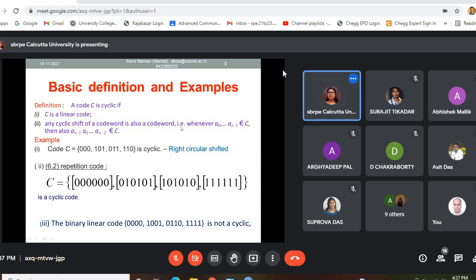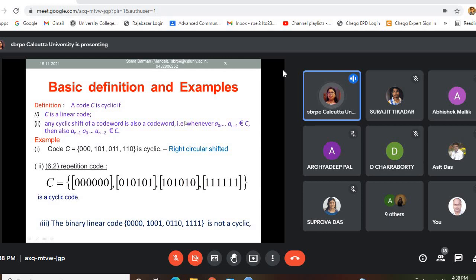That is, suppose a0, a1, a2 up to an minus 1 belongs to C, that means C is a code. These are the different code words within this cyclic code. The cyclic shift of the code, that is the right shift of the code.